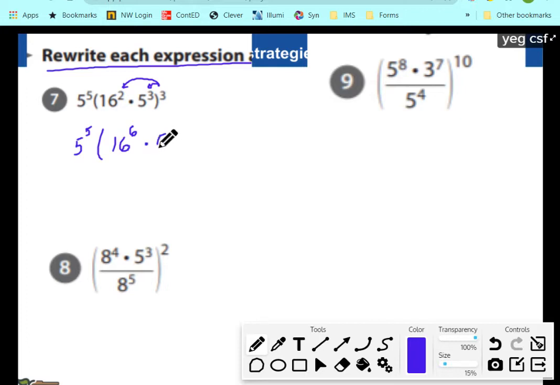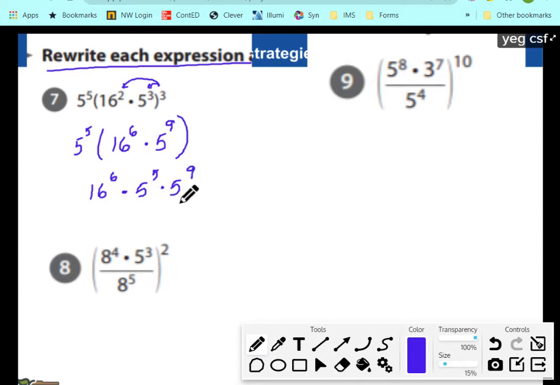And then 5 to the 3 times 3, it's 9. Okay. So since all of them are multiplications, I can rewrite them. So I can write 16 to the 6, and then bring this one here, 5 to the 5, then 5 to the 9.